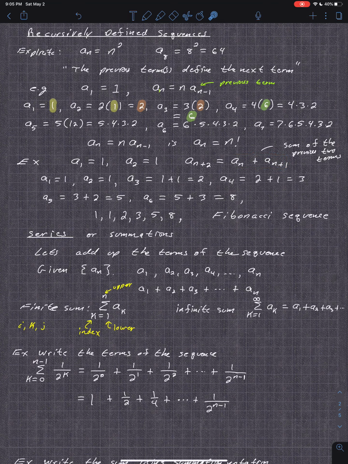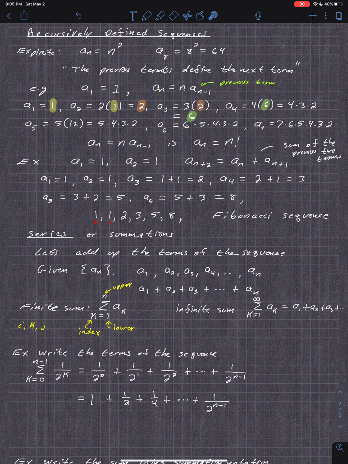Okay. So A1 is 1, A2 is 1, A3 is 1 plus 1, which is 2. A4, the next term, will be the sum of the previous 2, which is 3. Then A5 is the sum of the previous 2, which is 5. A6 is the sum of the previous 2, which is 8.